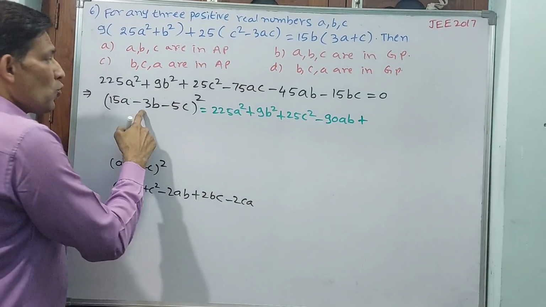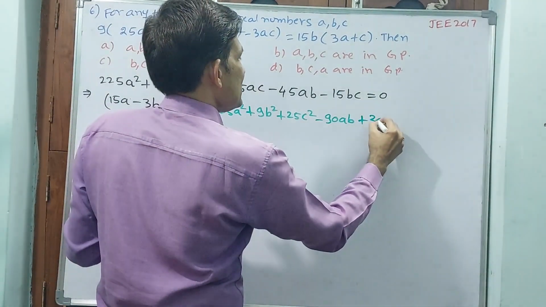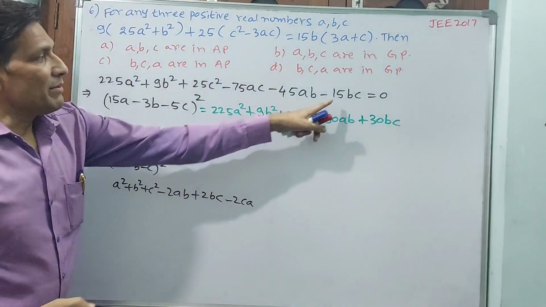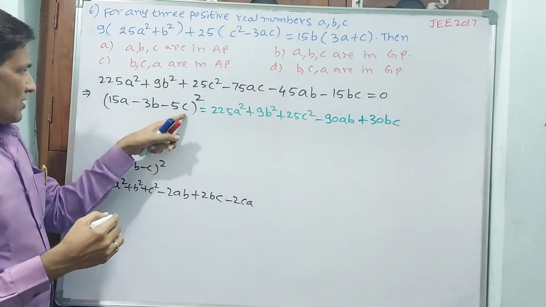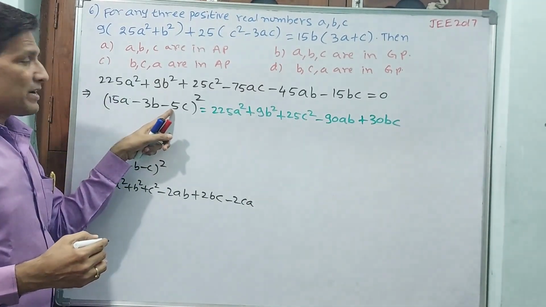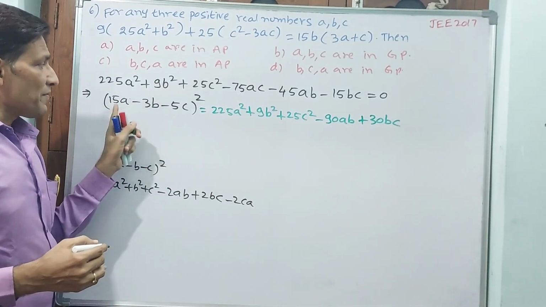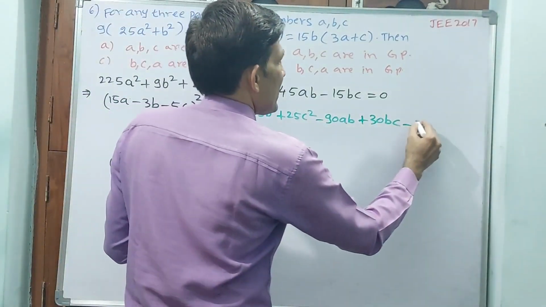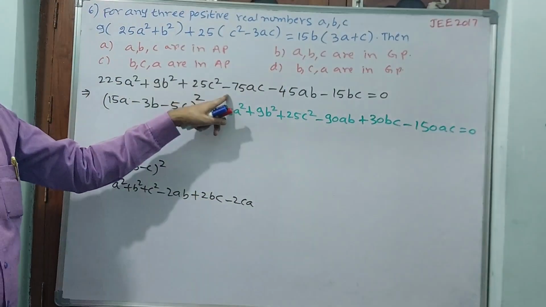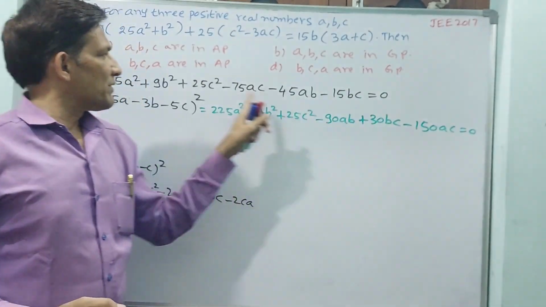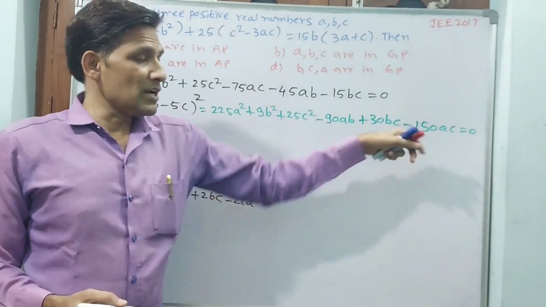Plus 2 into 3 into 5, 15 into 2, 30bc. But here bc is 15 only. That too here minus, here plus. Last minus only will come. 15 fives are 75, minus 75 into 2, 150, minus 150ac is equal to 0. But here only 75ac is there. Minus is okay, but 75ac is there. This minus also okay, but 90 has come, 75 has come, double has come.